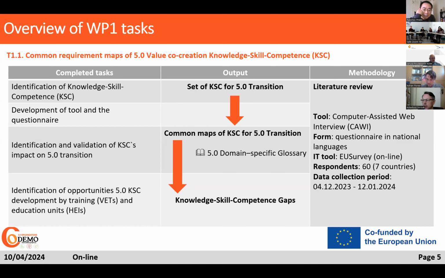This allowed us to identify gaps in existing teaching and training programs. On the right side, you can see brief information about methodology and tools used for each task on each step of our work.